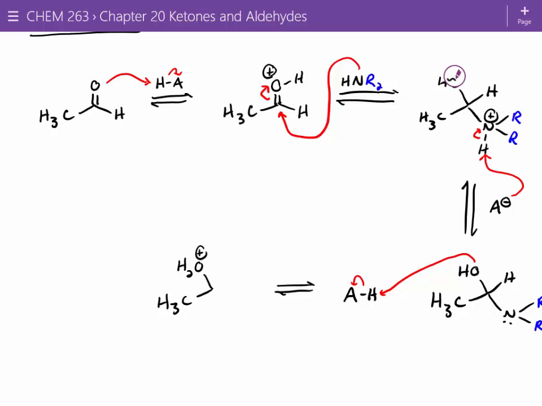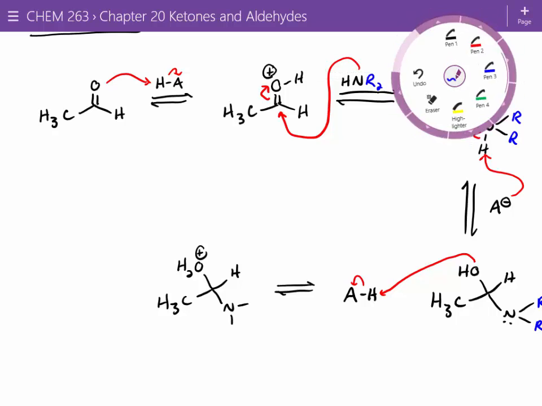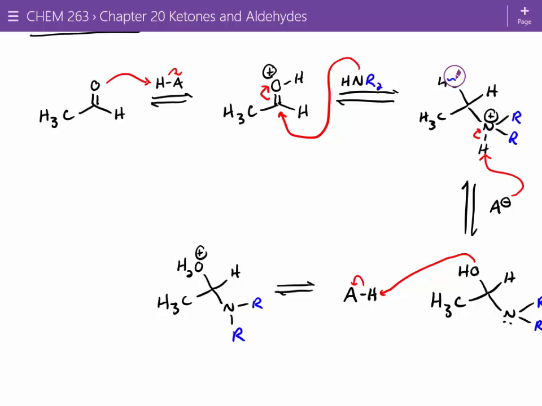Turn that water into a nice leaving group. And we have these two R groups still on there, and the lone pair on the nitrogen.